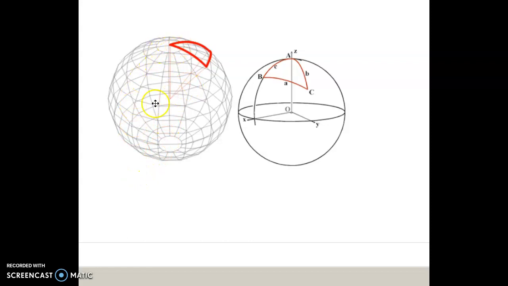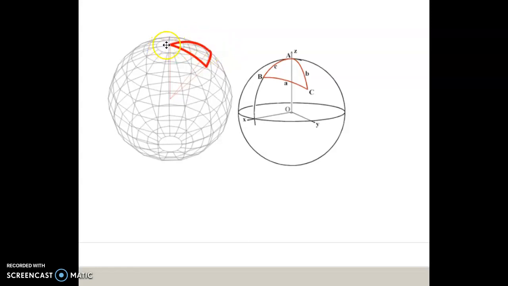It's very good and very useful to have a globe. You can buy a globe for 99 cents, or take a big globe. Imagine you take a marker that you can erase, or you can put a piece of tape.